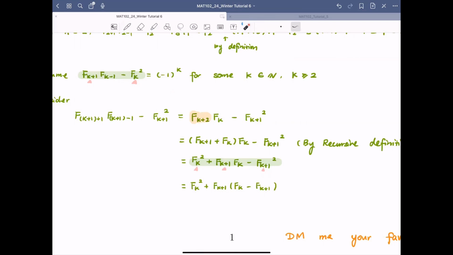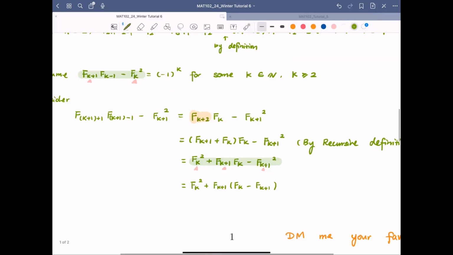But that's okay, because I have a recursive definition, right? So let's use it again. I'm going to use my recursive definition on fk plus 1. That's going to be fk plus fk minus 1.